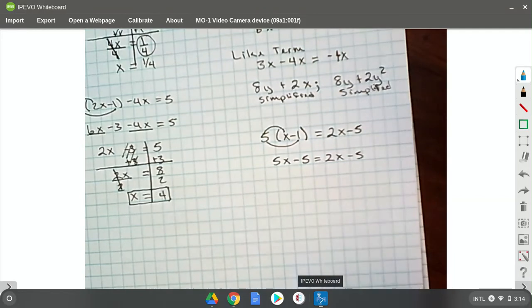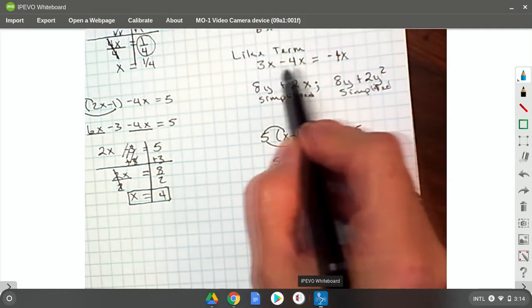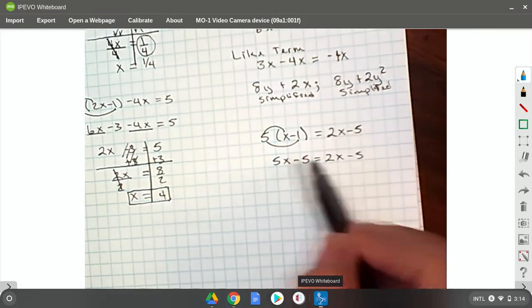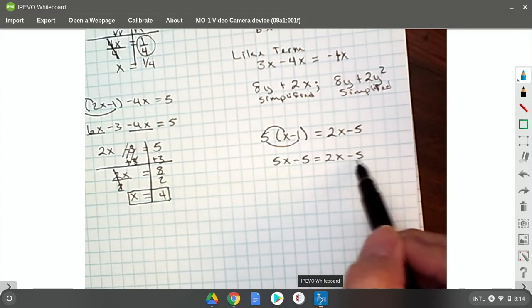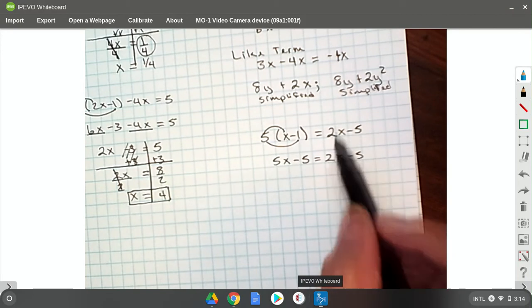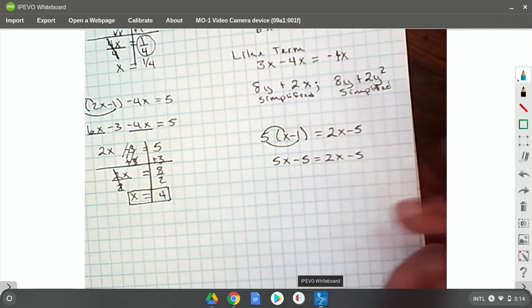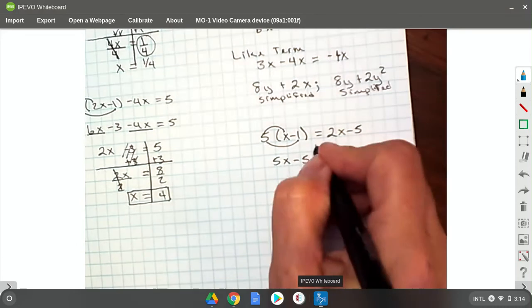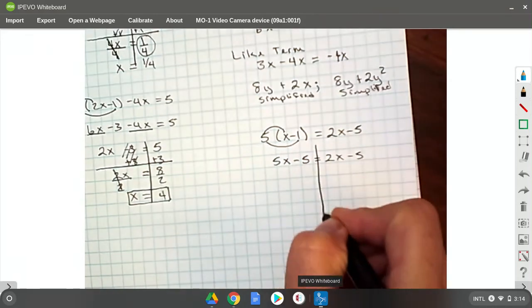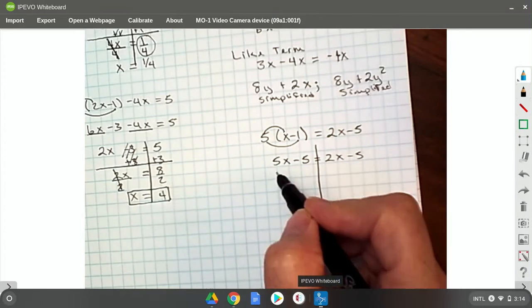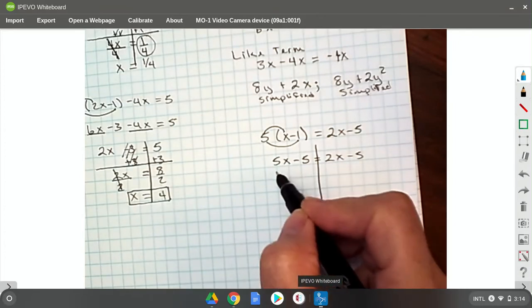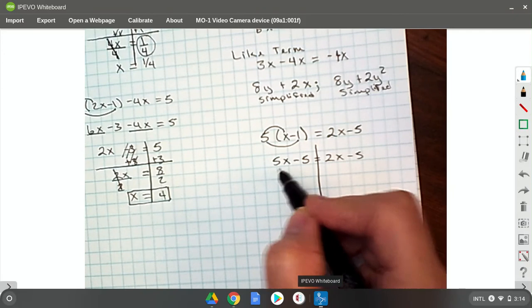First off, I've got a variable on both sides. I can't say 5x and 2x is 7x, because they're on different sides of that equal sign, so I can't just simplify them. I'm going to move that whole term, cancel it off of this side, and put it up under this 5x.